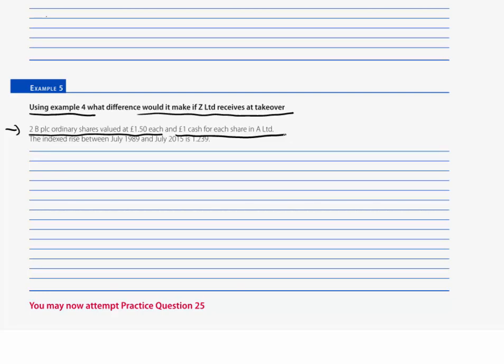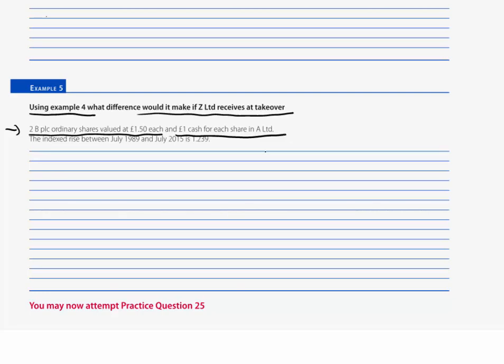So all that's happening is that the mix of consideration received is the same value of ordinary shares as in example 4, but instead of preference shares worth 10,000, we get £10,000 worth of cash. And because cash is received, that means that there's going to have to be a gain calculated at this point in time. So how do we deal with it?